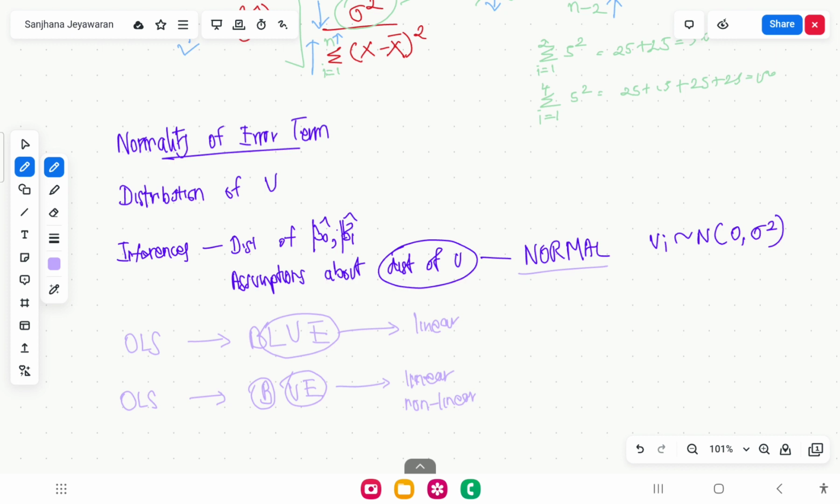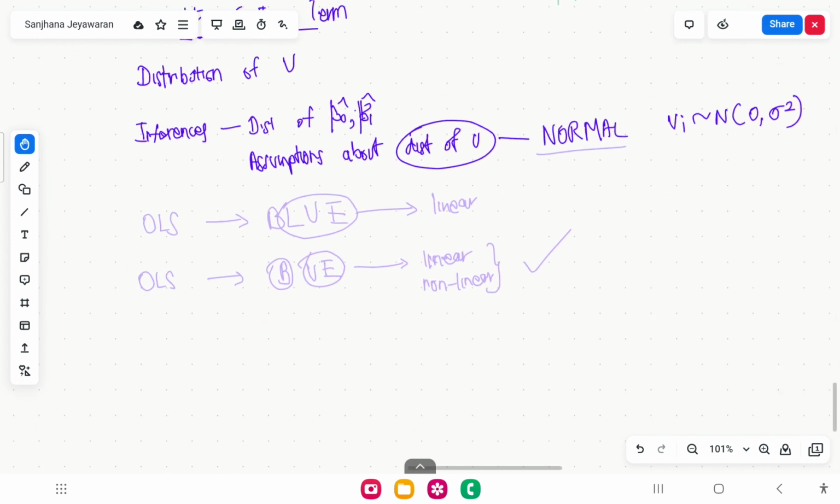So what is actually better, this or this? This is much better, right? We are considering both linear and non-linear estimators, not just linear. Another thing is that by making this assumption about the distribution of the error term, we are sure about the sampling distribution of the regression estimators.